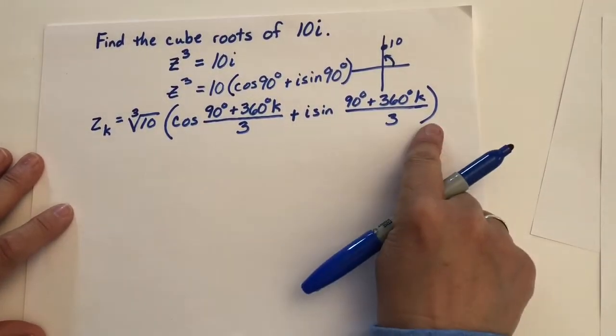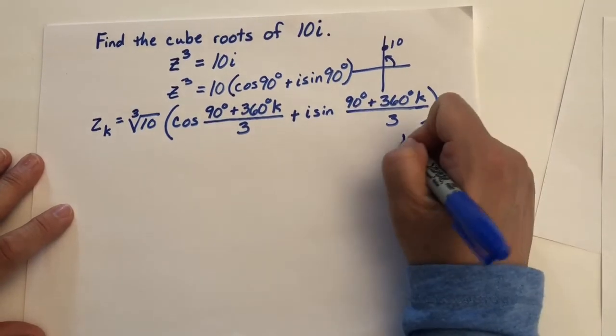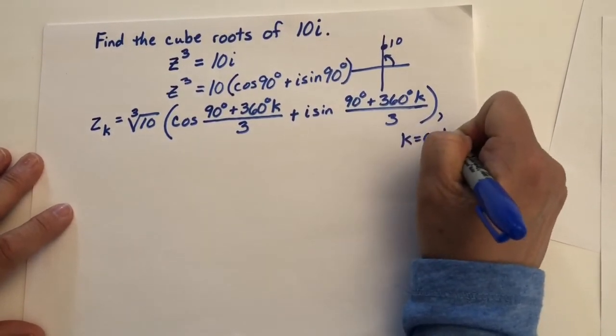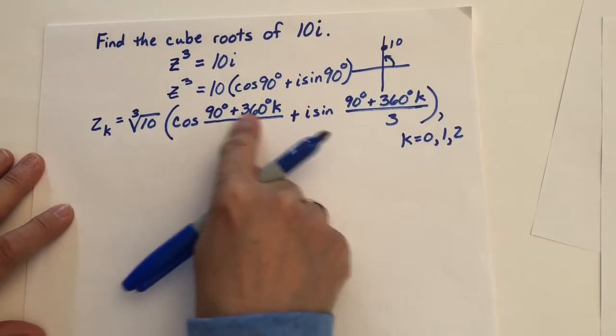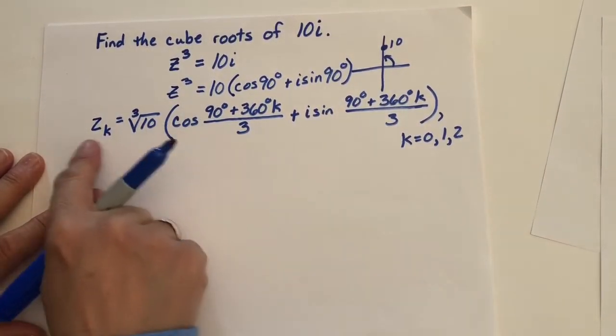And we're going to substitute in the values of k equals 0, 1, and 2. So we might as well do that arithmetic first. Then we'll write out the roots.